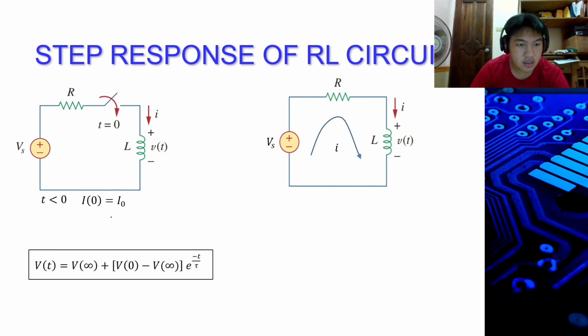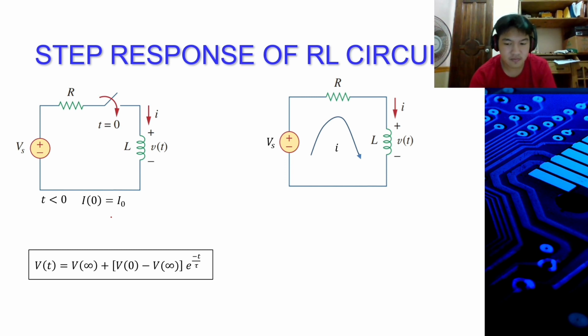So V of t is equal to V infinity plus evaluated from V of 0 minus V of infinity times e raised to negative t over tau. So kani nga formula kung mag-analyze tag step response RC circuit.